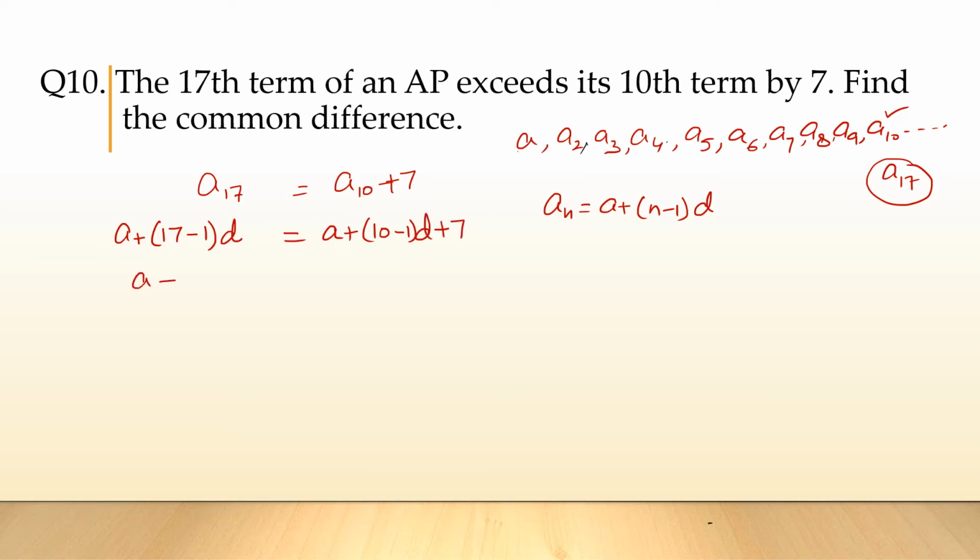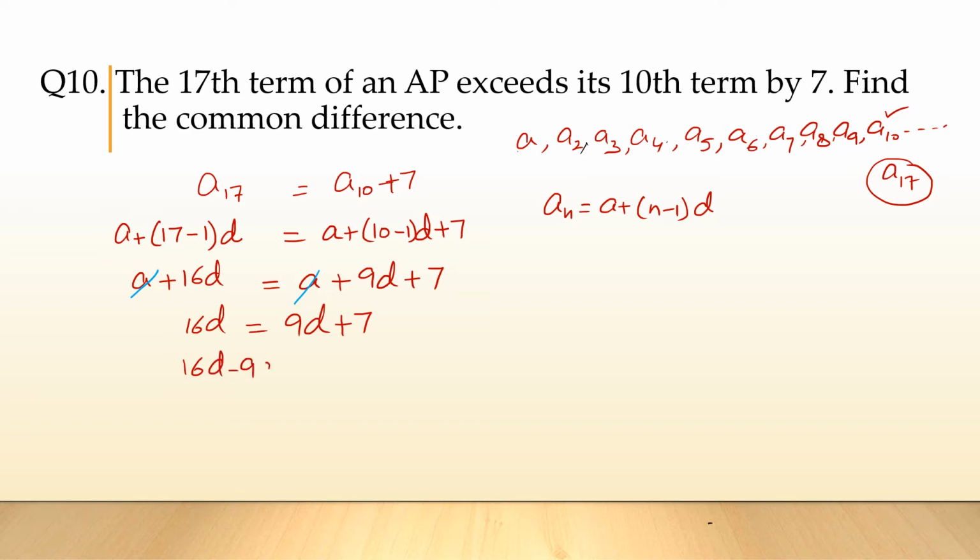So this can be written as a plus 16d and this can be written as a plus 9d plus 7. So this a and this a will be cancelled out. So we have 16d is equal to 9d plus 7.